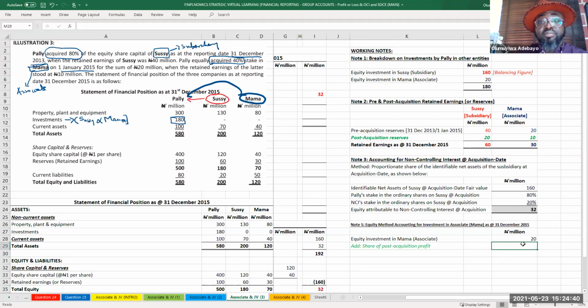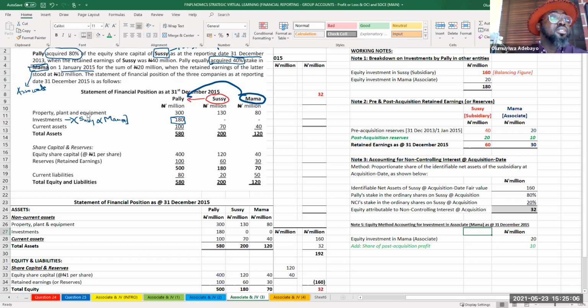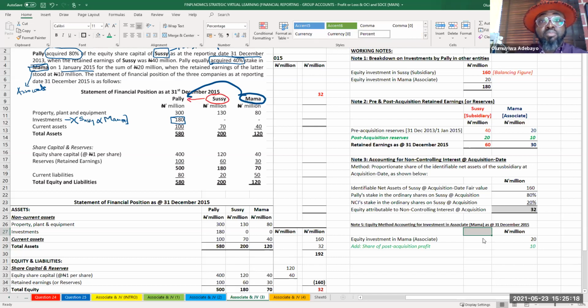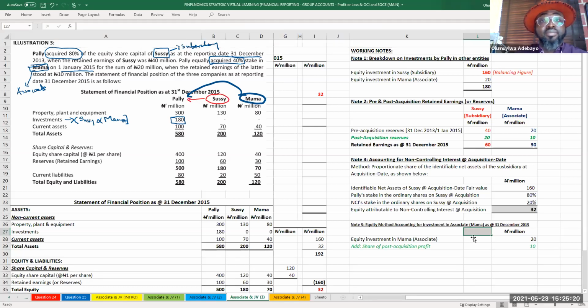This share you are adding is the product of your stake in associate. What's our stake in associates? Let me put it somewhere here. Multiply by our post-acquisition profit, which is 10, if you can remember. Now, let me just put my stake here in associates. I put it in this box. And what percentage was it? 40%.